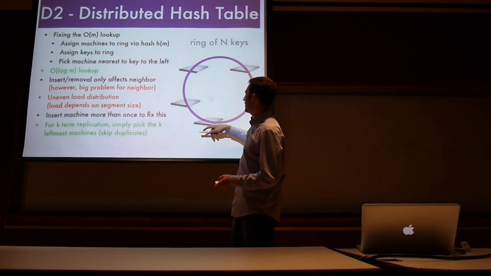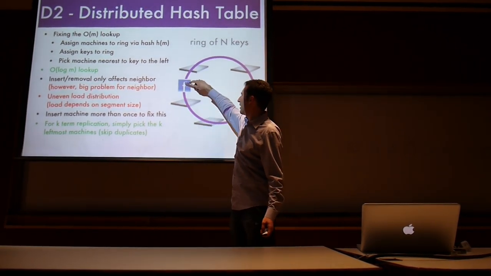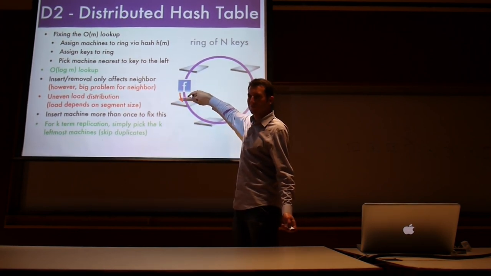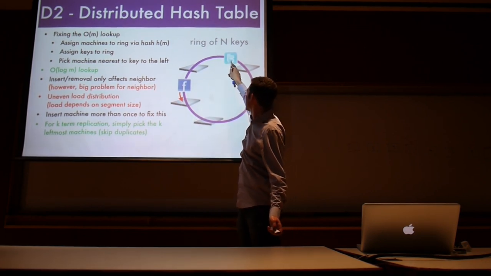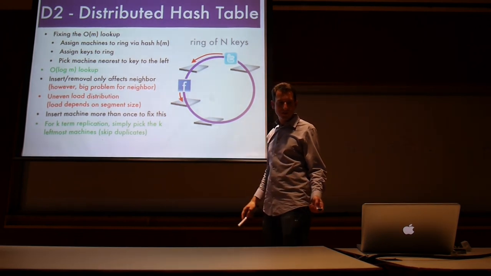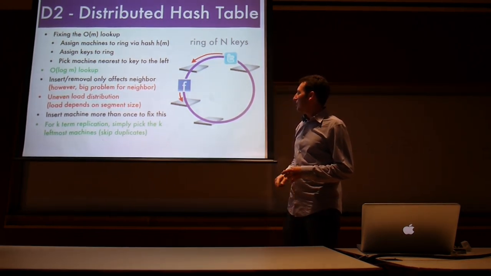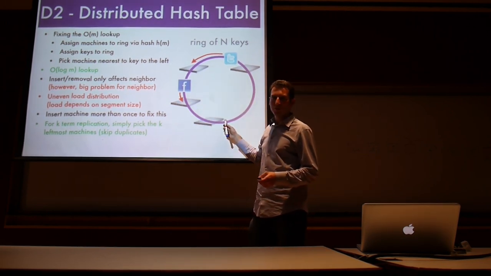So in other words, if I get an object and I hash it in here, then this will be hashed to the leftmost machine. And I get another object, it's hashed to the leftmost machine, and so on. Now, the good thing is, in this case, my lookup is going to be order log number of machines.